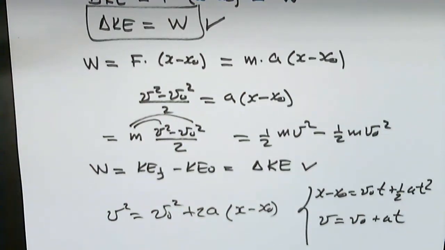So if the acceleration is constant, you solve for t in this equation, substitute it over here, and that's how you get the square of the velocity kinematic equation. That is very useful also in conservation of energy. You see this equation again. So this is the derivation, excuse me, of the work kinetic energy theorem. It's not a derivation, it's left hand side equals right hand side kind of thing.